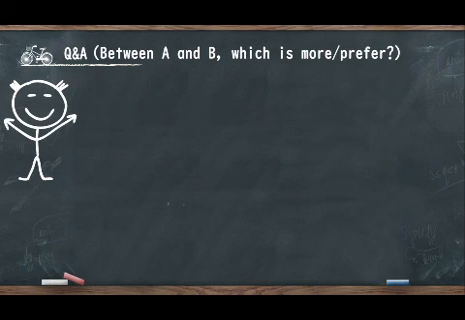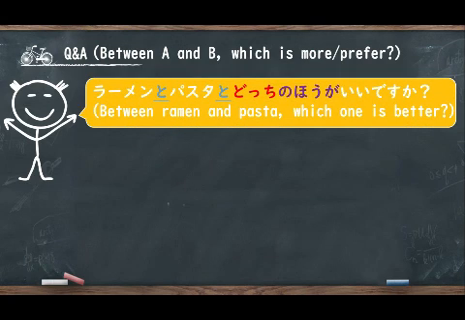So guys, let's move on to conversation. So how do you ask your friend or someone which one you think is better, which one you like better? So when you are giving only two choices, you have to use the particle と. In this case, only ramen and pasta are given to you, right? So you're going to say ラーメンとパスタと. Okay, now which in Japanese is どっち. どっち.